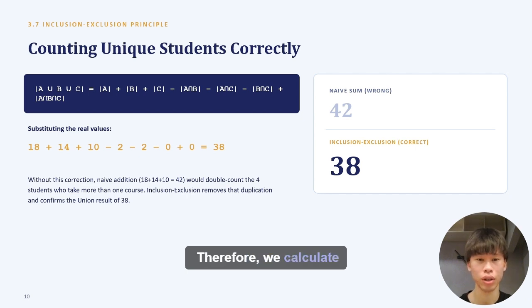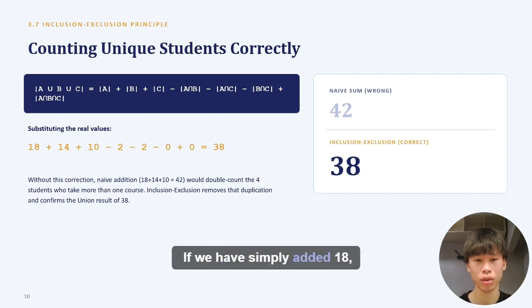Therefore, we calculate 18 plus 14 plus 10 minus 2 minus 2 minus 0 plus 0, which equals 38. This means there are 38 unique students across the three selected courses.